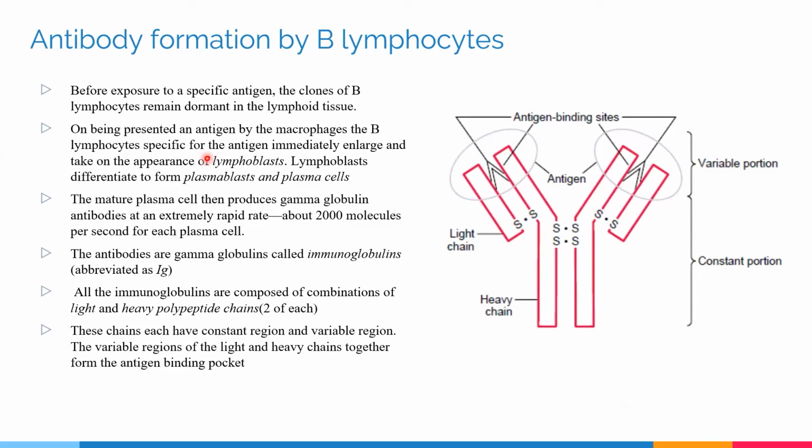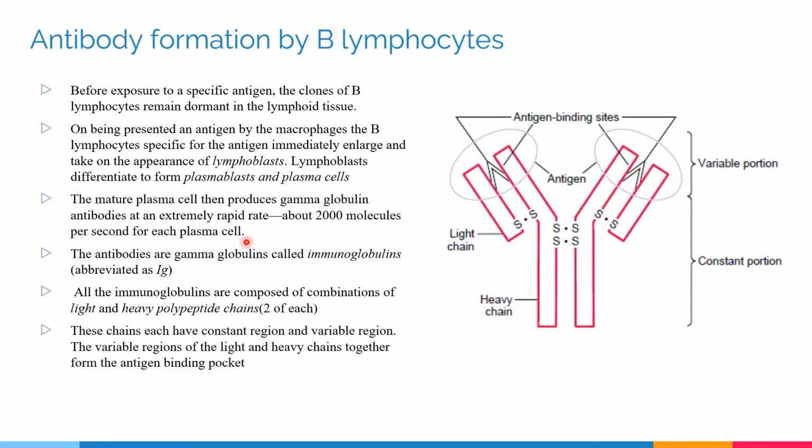On being presented an antigen by the macrophages, the B lymphocyte specific for the antigen immediately enlarges and takes the appearance of lymphoblasts. The daughter lymphoblasts further differentiate to form plasmablasts followed by plasma cells. These mature plasma cells produce gamma globulin antibodies at an extremely rapid rate, about 2000 molecules per second.